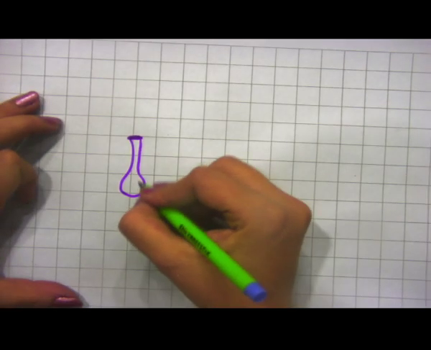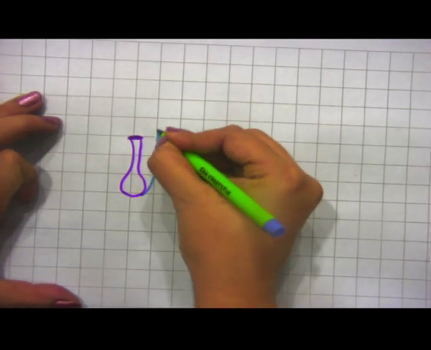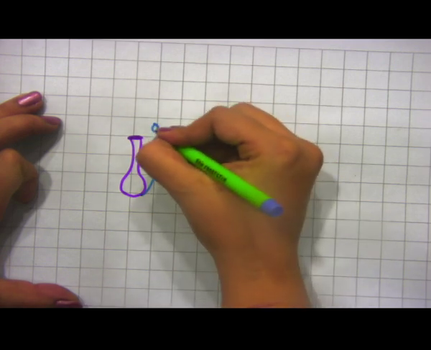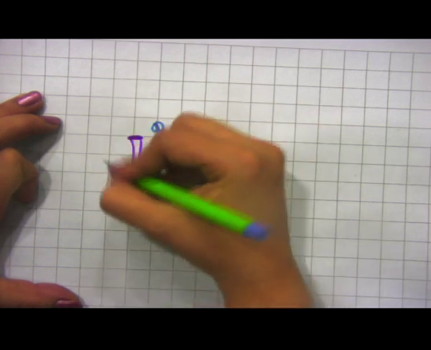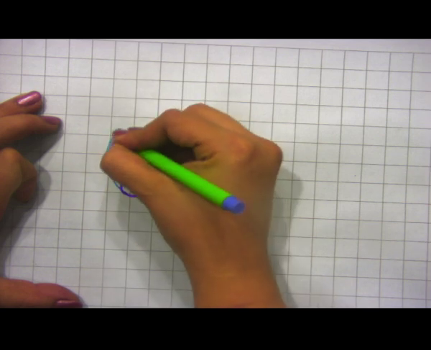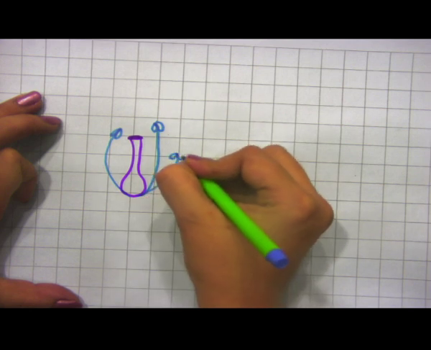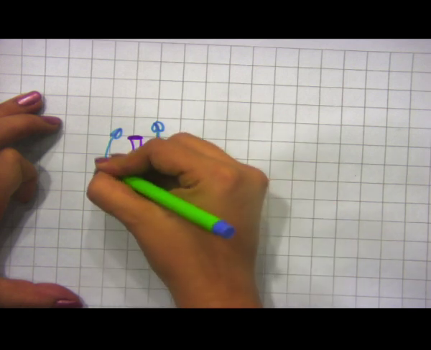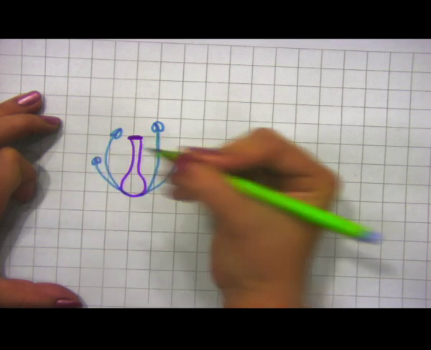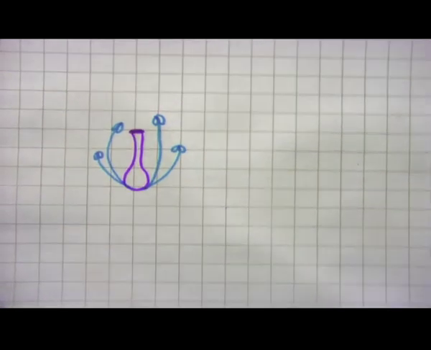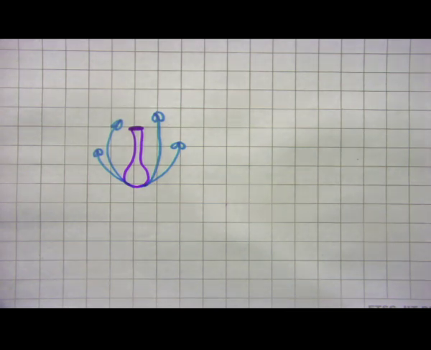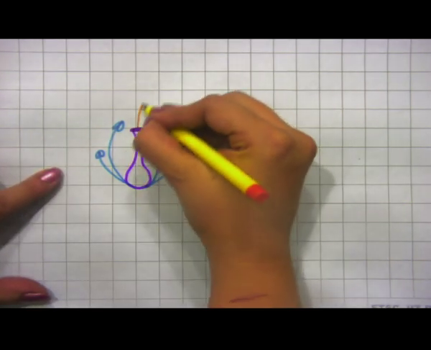Then we will draw some stamens to represent the next whorl, that is the androecium. This is how we can show the presence of the second whorl, the androecium. Now, it is the turn for the third whorl, the corolla.